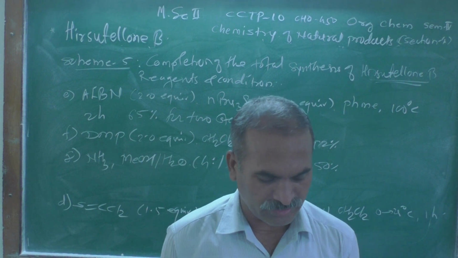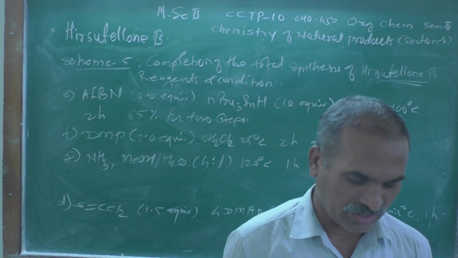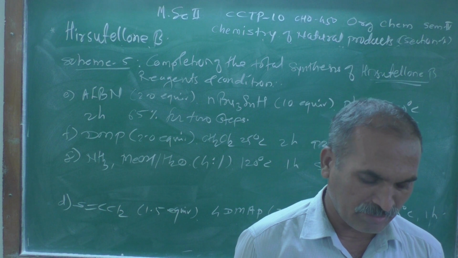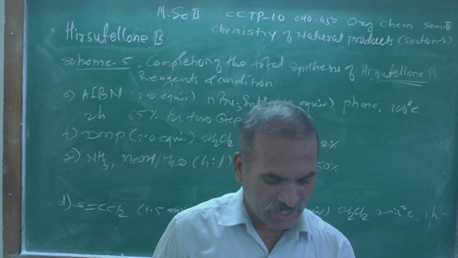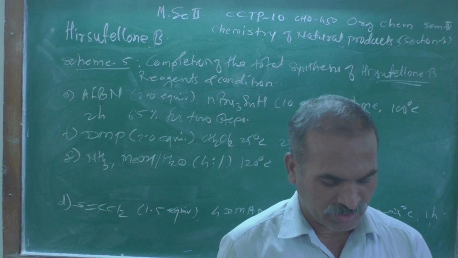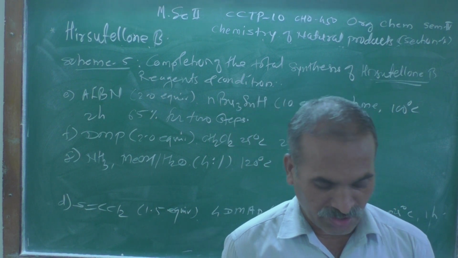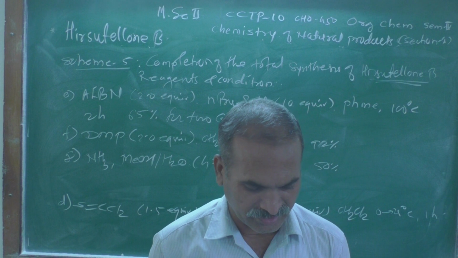Oxidation of alcohol 17, structure number 17, with DMP, Dess-Martin periodinane, proceeded smoothly to afford ketoester 18 in 92%, a very high yield.